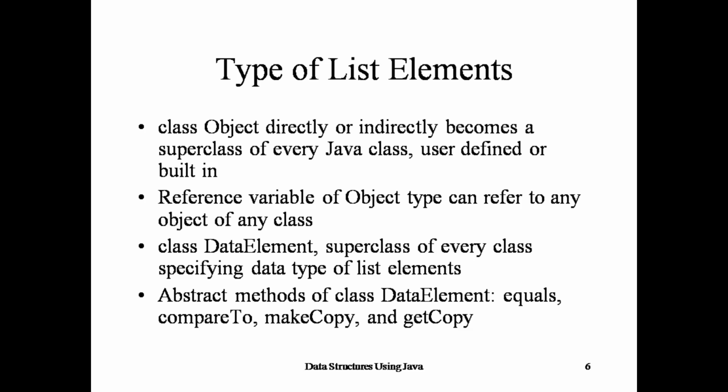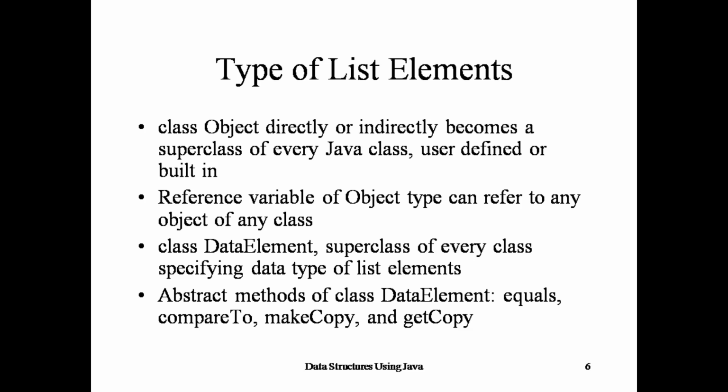Third, we have a public abstract void makeCopy, accepting DataElement otherElement. This method is used to copy otherElement into this object. Postcondition: the data of otherElement is copied into this object. Fourth, we have a public abstract DataElement getCopy. This method returns a copy of this object.